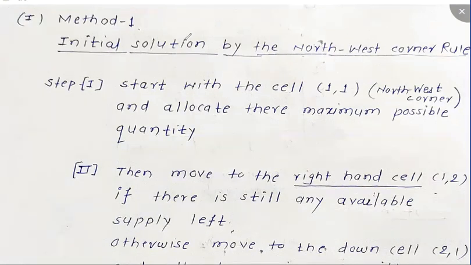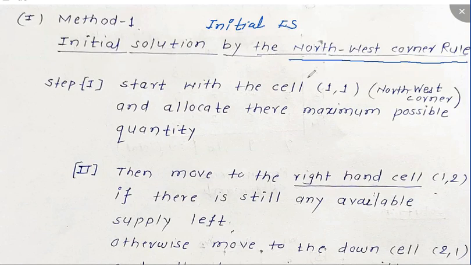Now, there are three methods to find initial feasible solution. So first method is northwest corner rule.